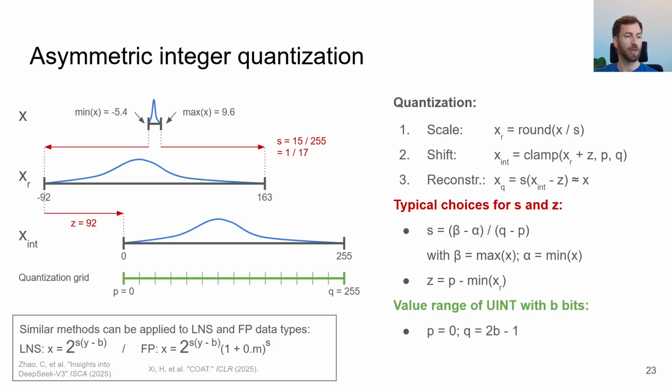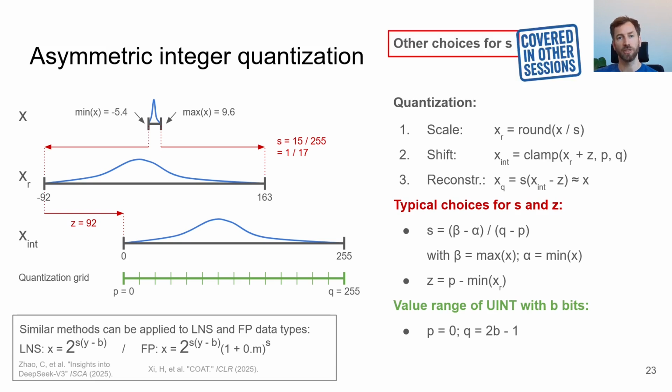We can apply similar methods also to logarithmic and floating point data types. I won't dive into details here. If you're interested, just look up the references. And here for symmetric and asymmetric integer quantization, I've shown the max scaling method. So we use the absolute maximum or maximum values for the scaling, but there are also other choices for this that will be covered in the other sessions.